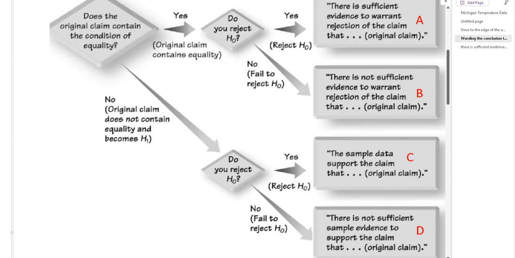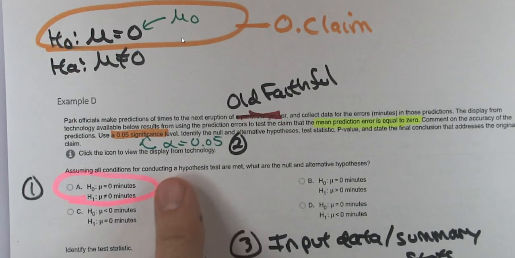So with that, Ian, which one of these do you think we're going to use? You can just do A, B, C, or D. C? Let's think here. So our original claim contained the condition of equality, right?